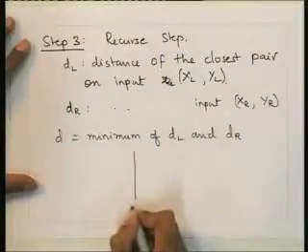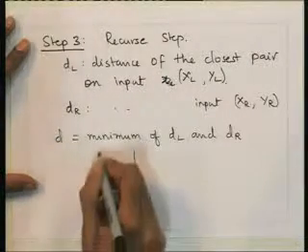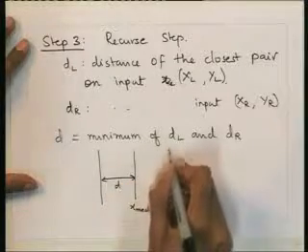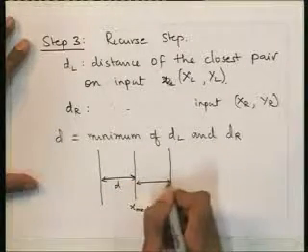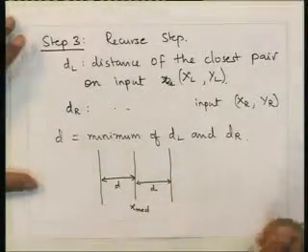Okay, now let me quickly review what we have to do next. Around x median, we look at a band of size d on both sides. Let me draw a picture. So here is x median. Around this, on both sides at a distance of d, we look at a band. This is on the left side, that's on the right side.